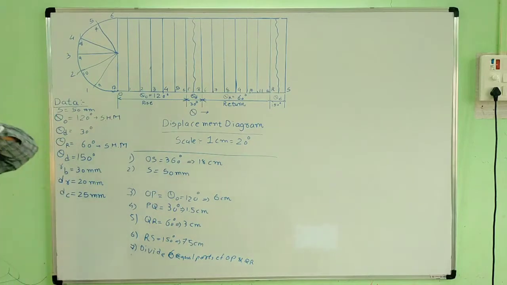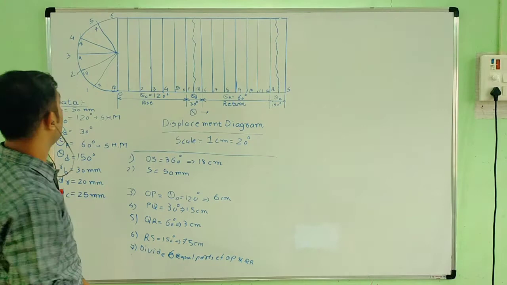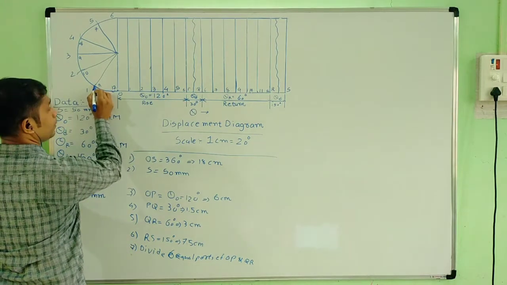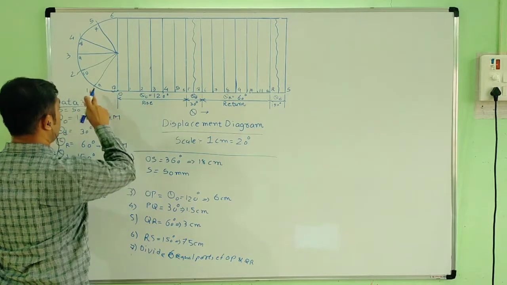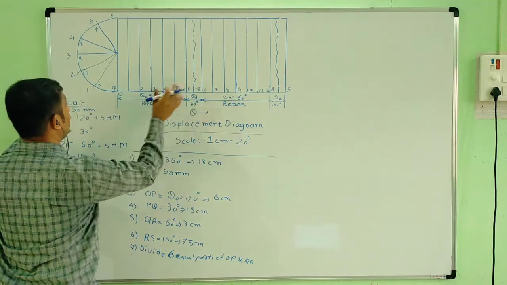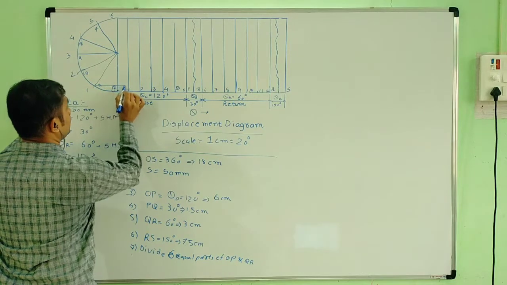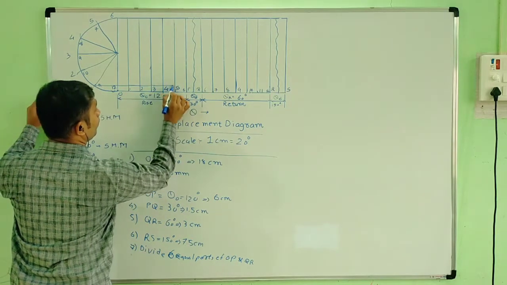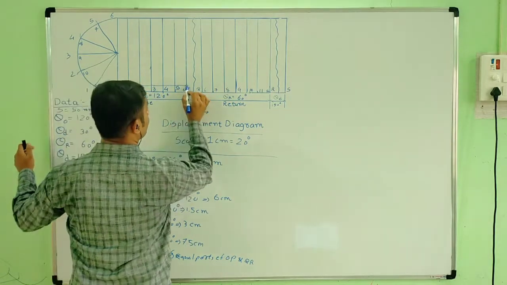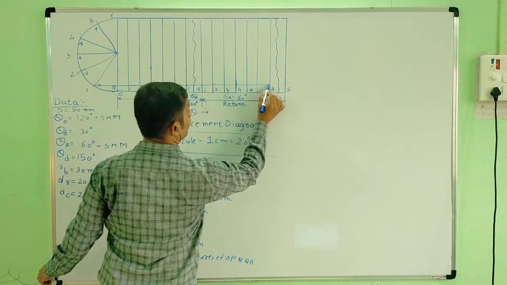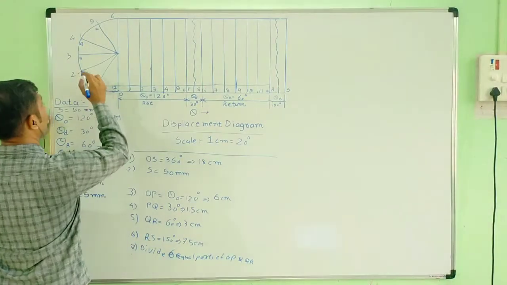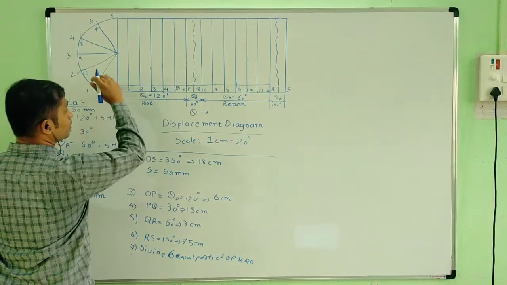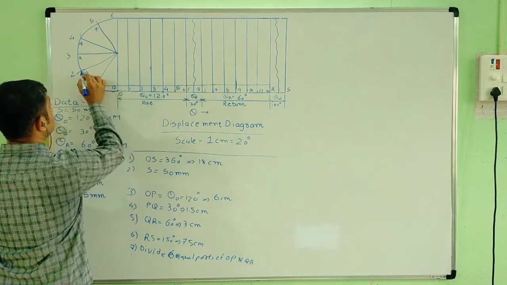Okay. Now from point 1, draw a line parallel to OS. From point 1 we will draw a line parallel to OS. Okay, then next, same as from point 2, draw a horizontal line parallel to OS.